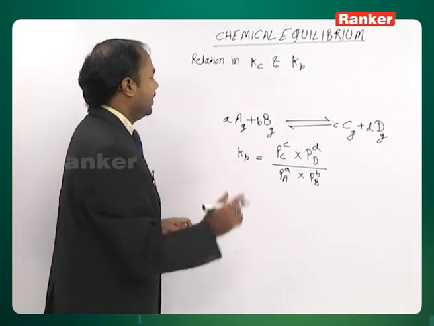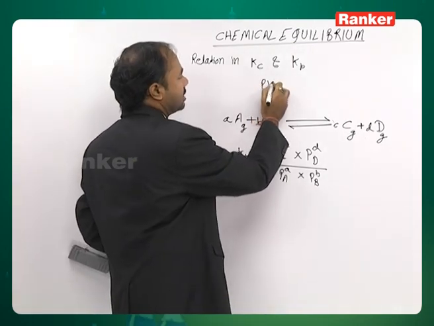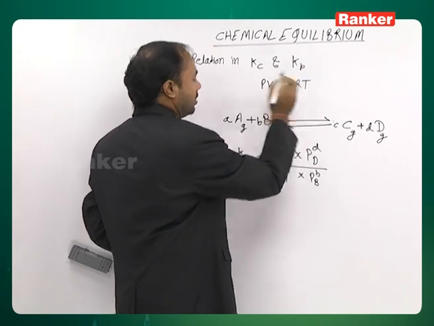As I told you, we have the ideal gas equation which says PV equals nRT.